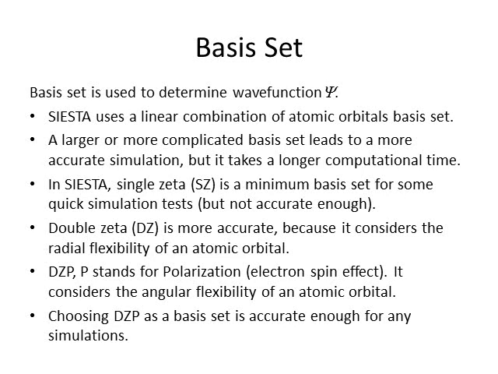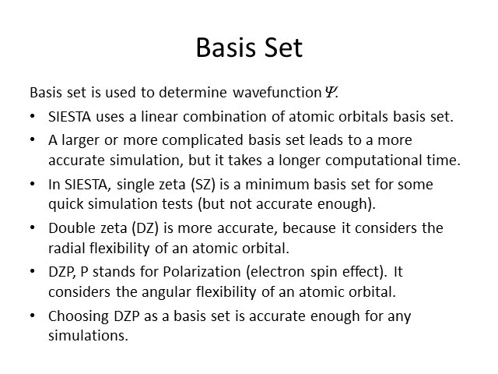So in SIESTA, single zeta, representing SZ, is a minimum basis set for some quick simulation test, but not accurate enough. Double zeta, DZ, is more accurate because it considers the radial flexibility of atomic orbitals.